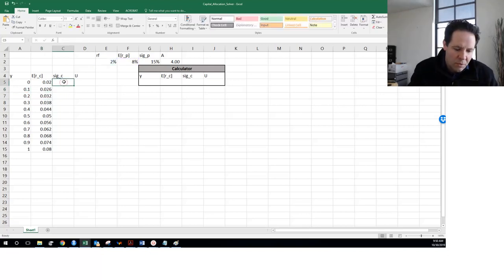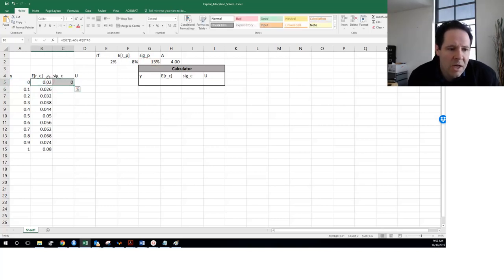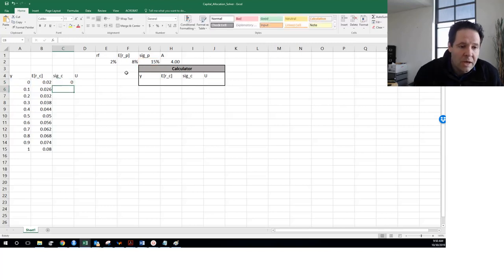We can do the same thing for the standard deviation of the composite portfolio. We saw this was an important aspect. We go y times the standard deviation of the risky asset. And you can see the risk-free asset is just recovered. Expected return is 2%. The standard deviation is 0. Similar thing here. Now we want the reference to sigma p to stay put as we consider different levels of this.